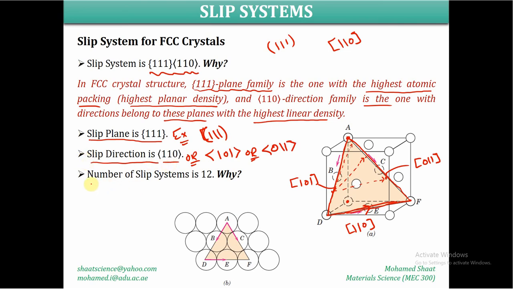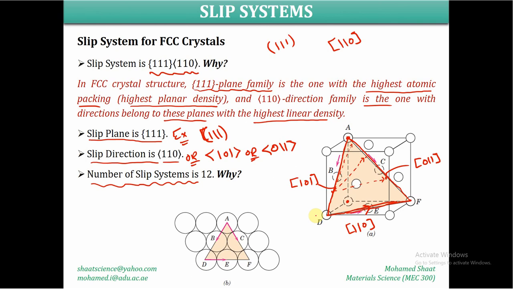So the question is, what is the number of the slip systems? What does it mean? As I said, the slip plane is not just one plane, it is different planes. And the slip direction is three directions, any direction that belongs to this family and this crystallographic plane.